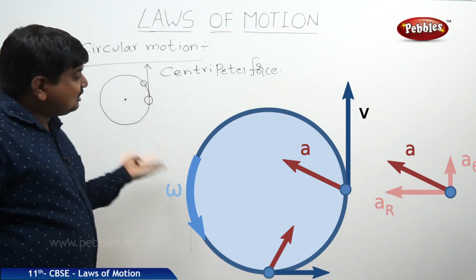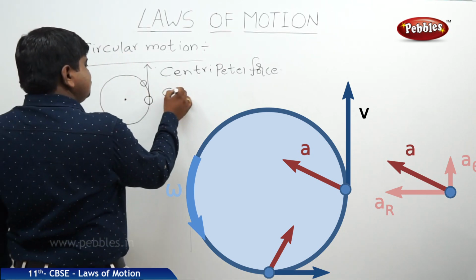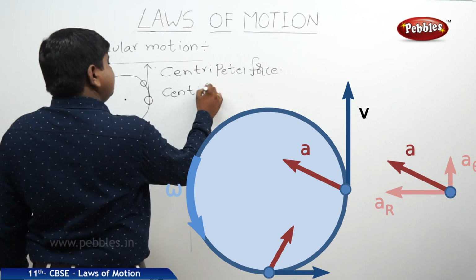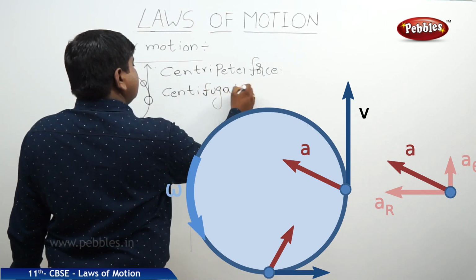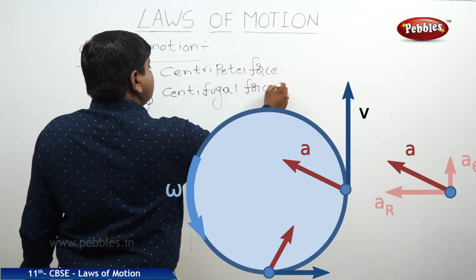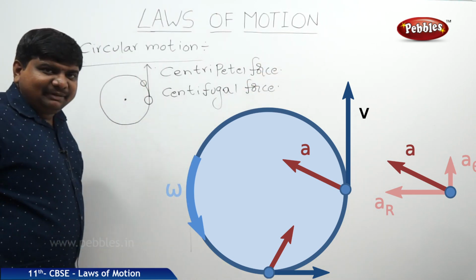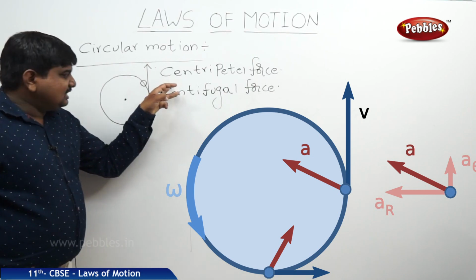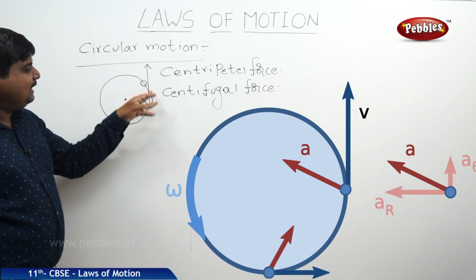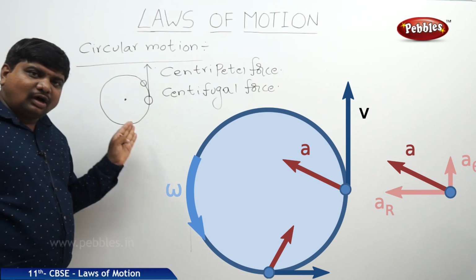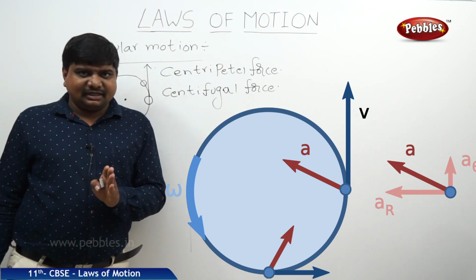The same force is countered by centrifugal force to balance. So what is centripetal force? A force acting towards a common center of a circular path to keep the body rotating or oscillating in the prescribed circular path.